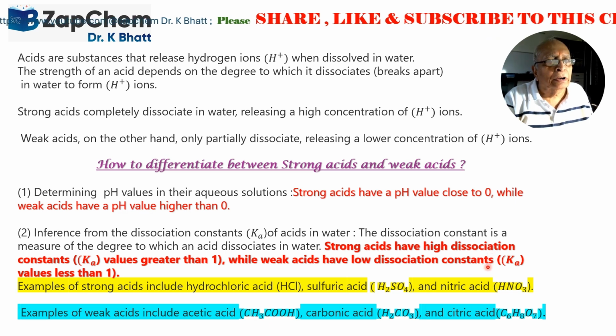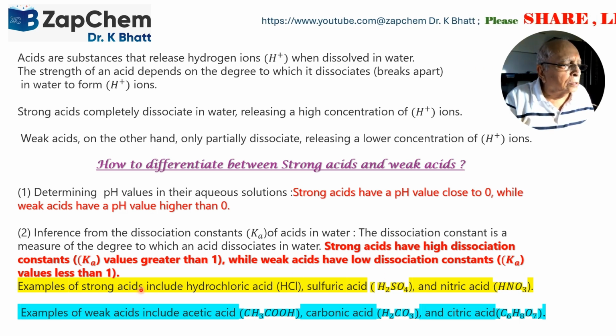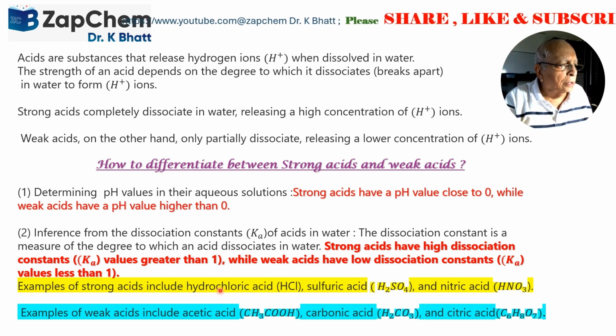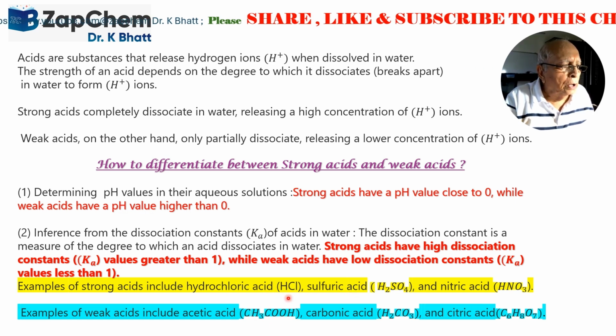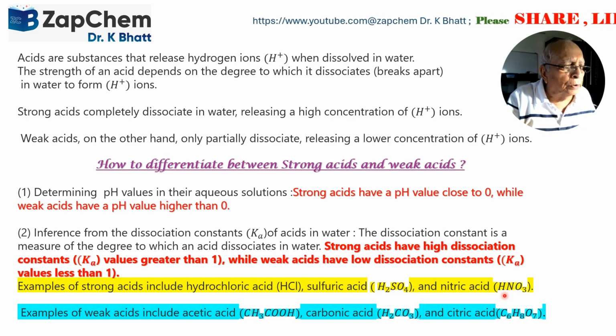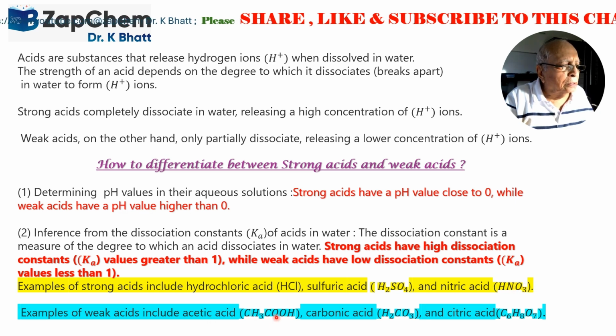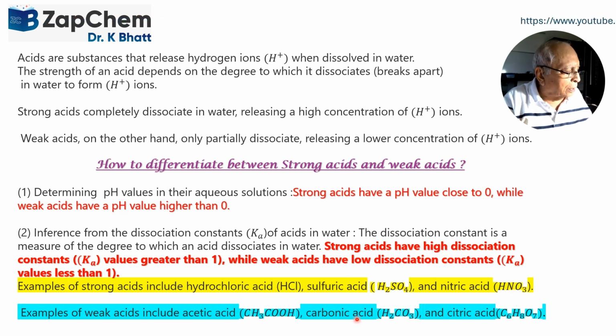And that dissociation constant, as we know, is known to us as Ka value. Examples I have already given to you: hydrochloric acid, sulfuric acid, nitric acid, perchloric acid, hydroiodic acid, etc. These are all strong acids, whereas the weak acids are acetic acid, carbonic acid, citric acid, etc.